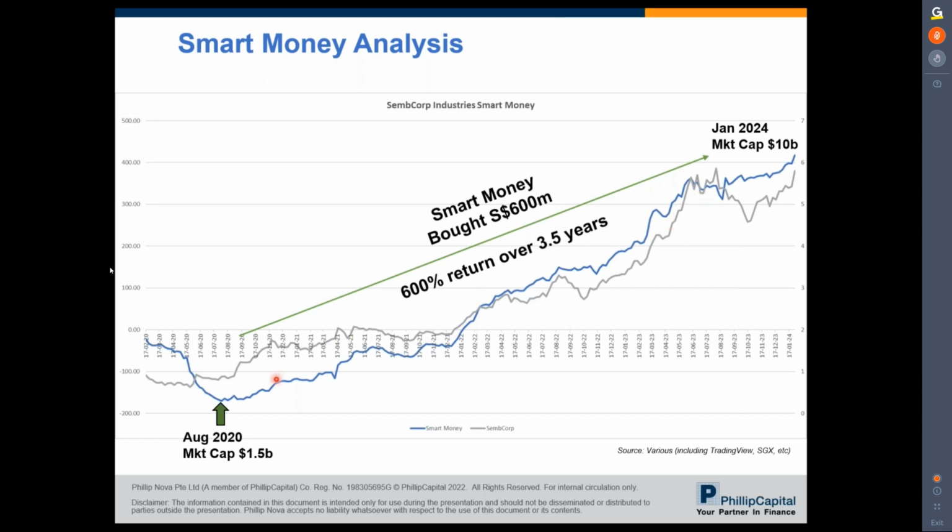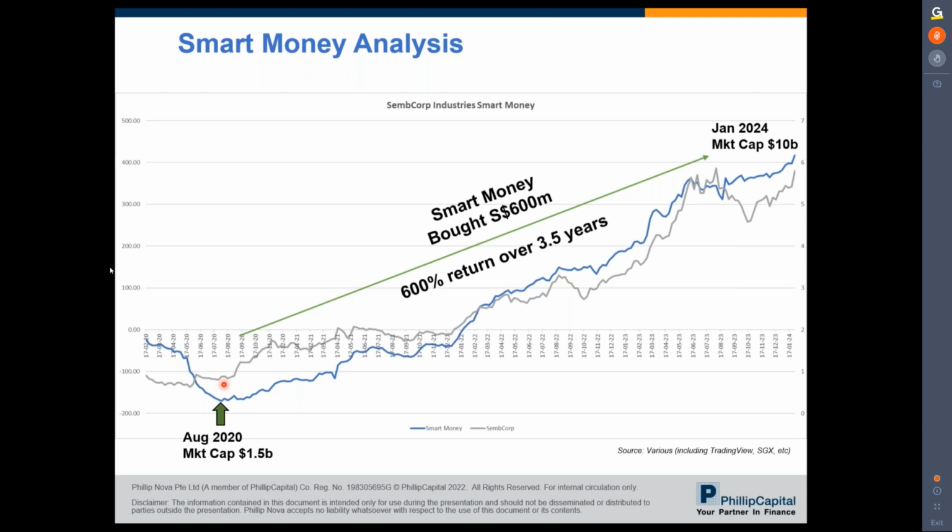So of course, looking back, now we can try to understand why Sembcorp Industries moved so much. Firstly, what happened in August 2020? If you were to just read up the news, you know that somewhere in mid 2020, Temasek did a deal to help Sembcorp Industries divest its investment in Sembcorp Marine, right? Sembcorp Marine, of course, eventually changed its name to Seatrium now.